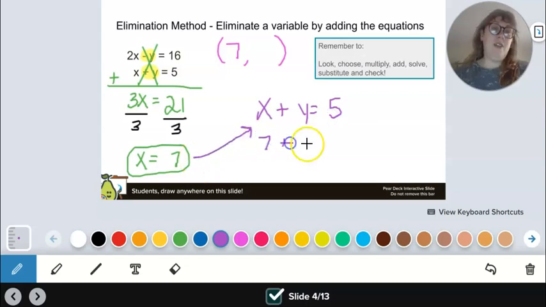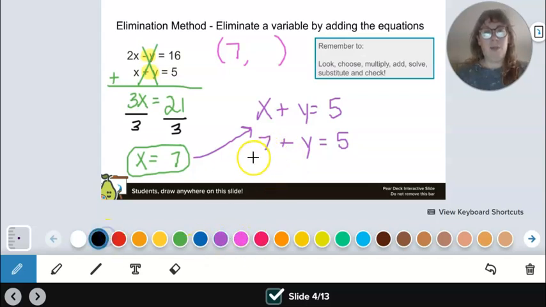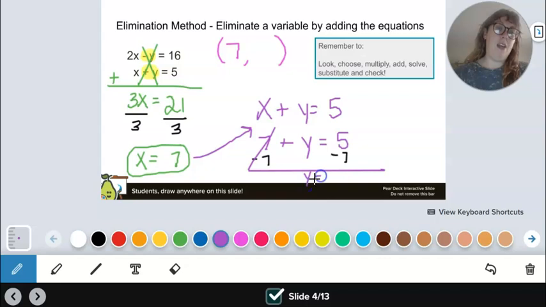So 7 plus y equals 5. So it must be a negative number. We're going to subtract 7 on both sides to solve for y. 7 minus 7 is 0, and we get y equals -2. So our coordinate is 7, comma, -2.